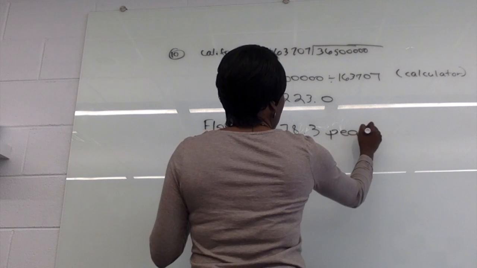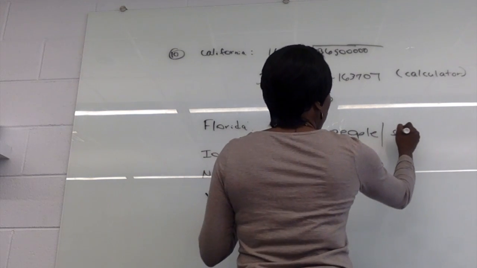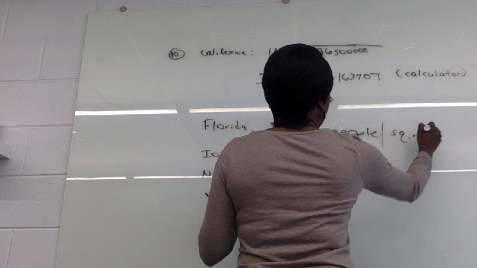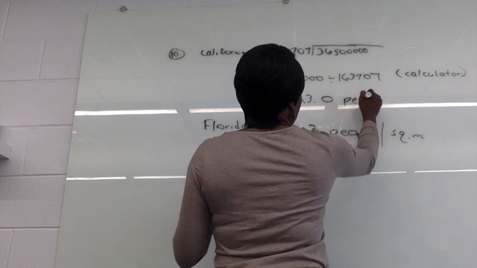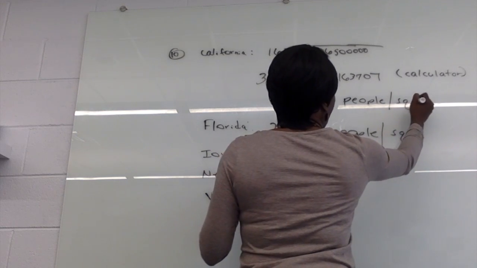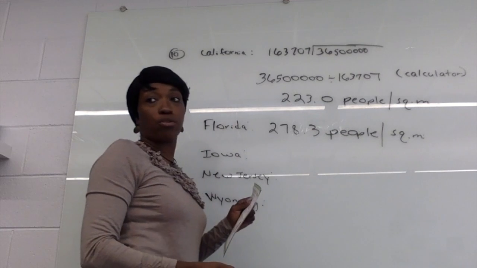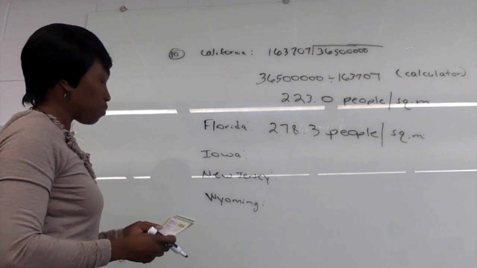So let's go ahead and write the whole unit rate out. People per square mile. And notice how I'm using the little slash. That slash stands for per, so you can do that as well.